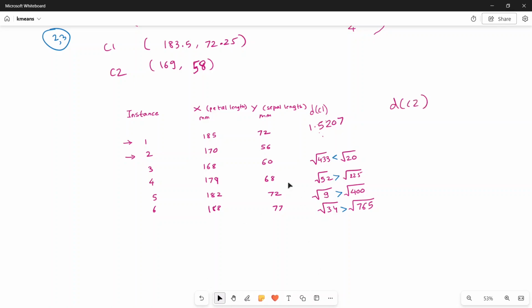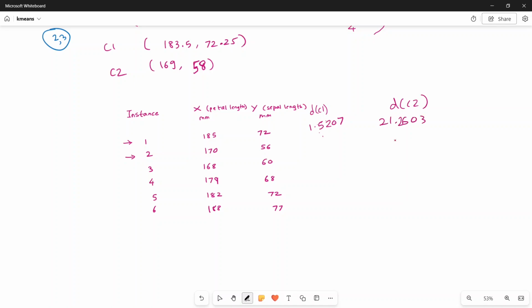And DC2, I'll erase this part as well. I'll just fill the values over here, but you can pause and actually calculate the values using the Euclidean distance. What I want to illustrate now is how you progress or how you stop in this algorithm.